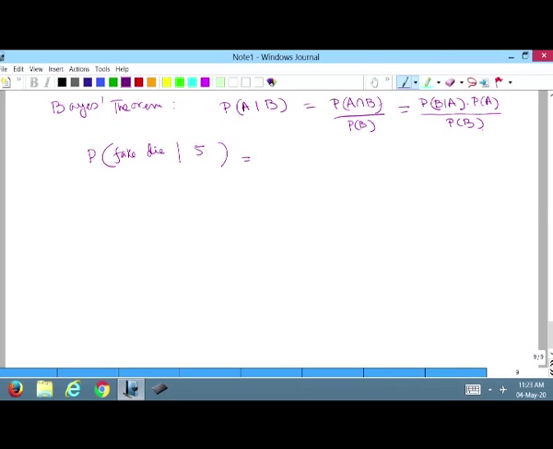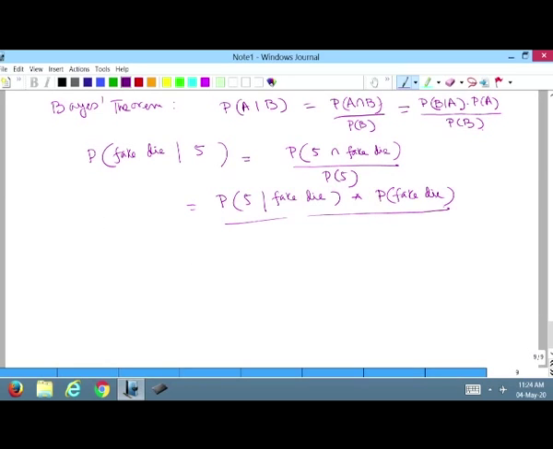Therefore, we can write it as probability of 5 and fake die divided by probability of 5, is equal to probability of 5 given fake die multiplied by probability of fake die divided by probability of 5.